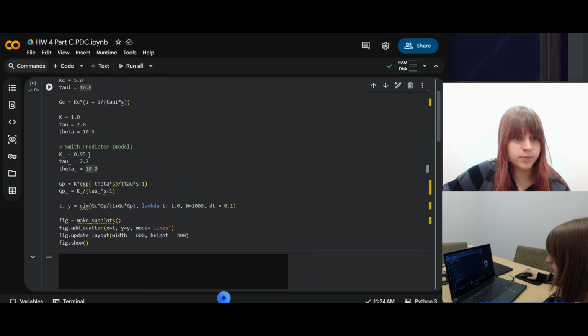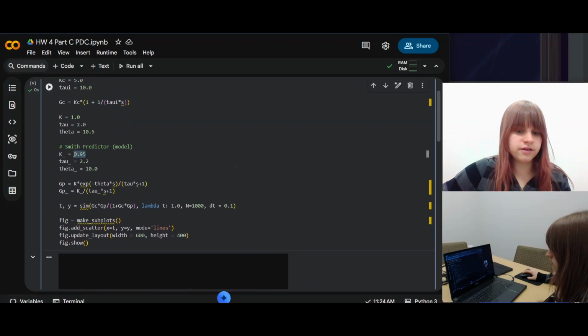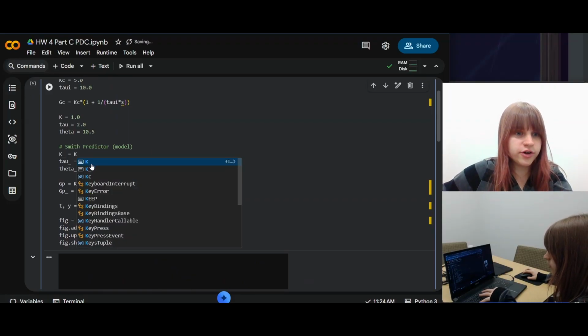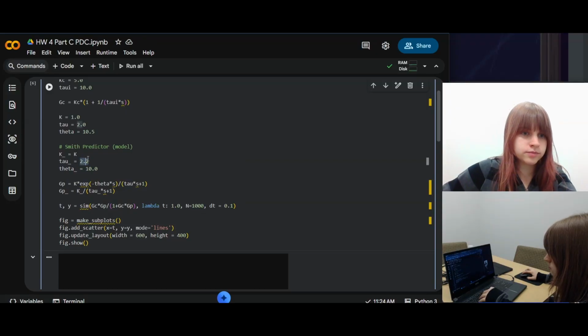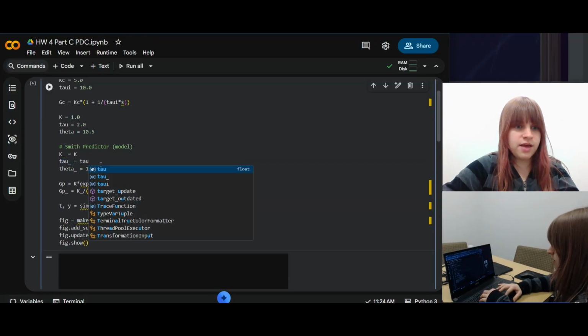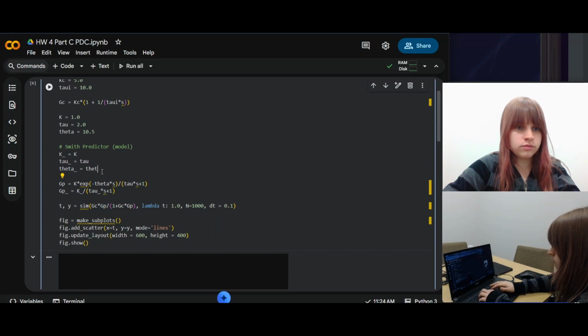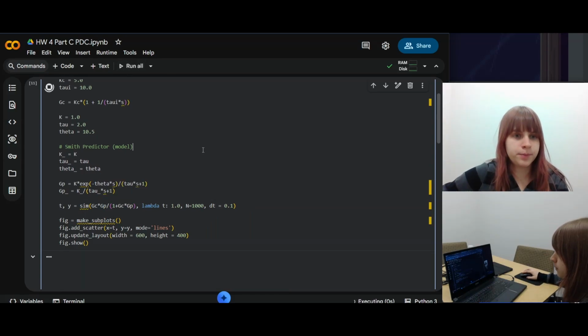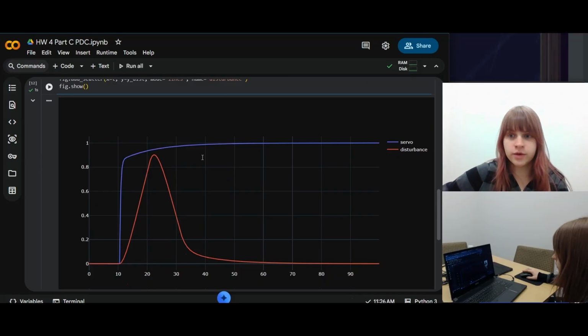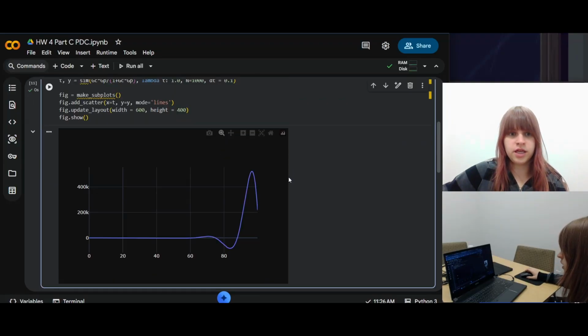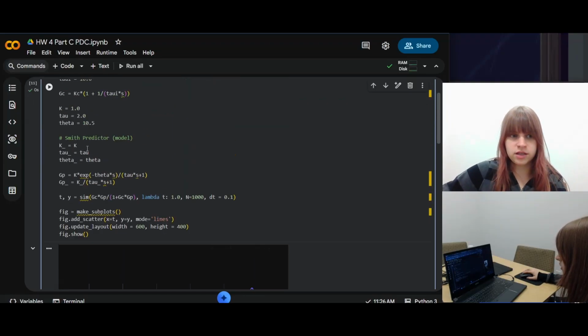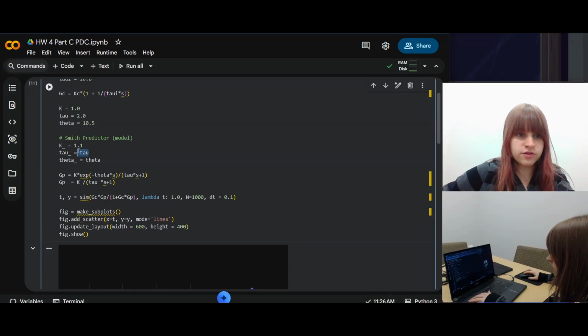So if I were to go up here and set these equal to each other, rather than having a mismatch, we can run it, and then we see we don't have those oscillations anymore. So it all kind of depends on how accurate your Smith predictor is, but even when it wasn't exactly correct, it was still pretty close.